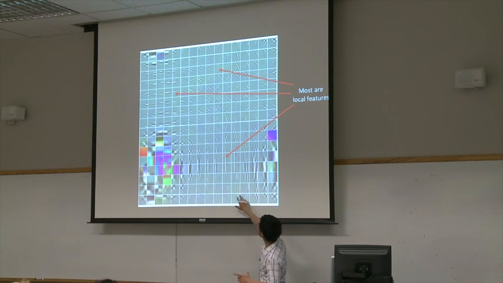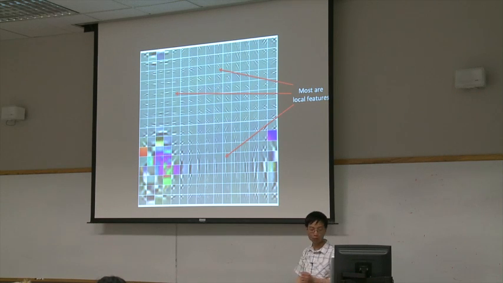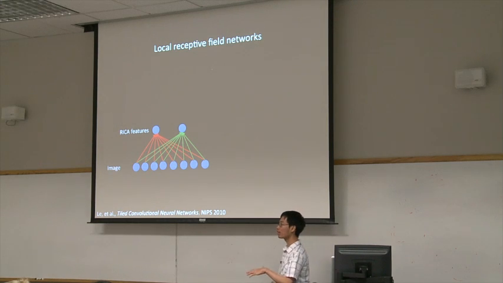Even though here I learn features for 20 by 20 pixels, the feature turned out to be quite small. It's a little area in the image. Of course, there are some non-localized features in here, but they are a small fraction. So one good approximation is to go to the algorithm and enforce that constraint directly.